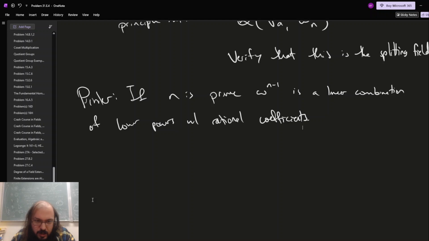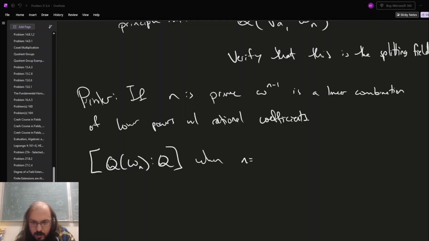And then in particular, he gives us a sort of follow-up question, which is to calculate the degree of Q omega n over Q when n is 6, 7, 8. And I think this is a worthwhile exercise. And so I don't want to spoil it too much.